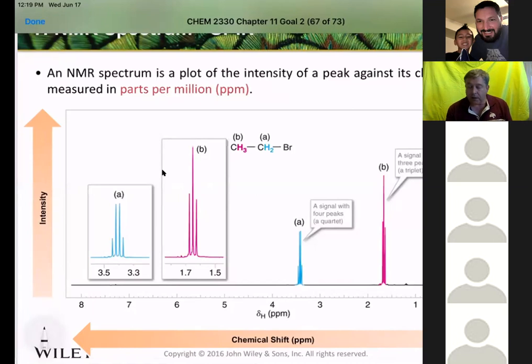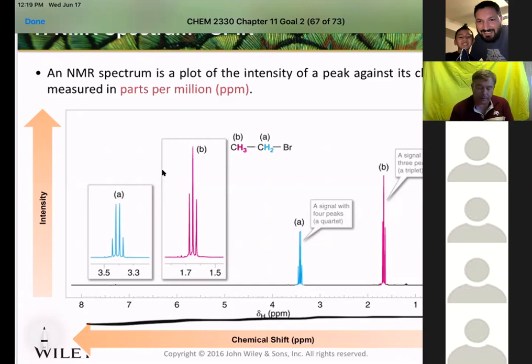There's usually a little bit of TMS, tetramethylsilane, in there to show you where 0 is. That's so you're sure your shifts are set up correctly, and because we almost always put a little in the solvent so that we can calibrate to that number. So we start at 0 and then we go up.